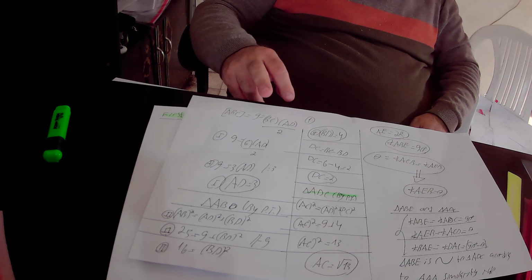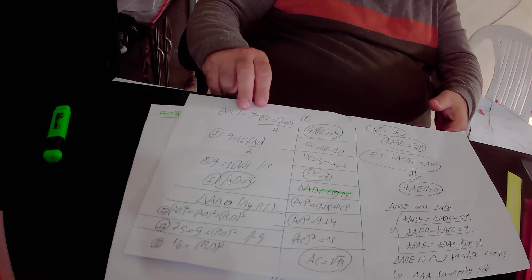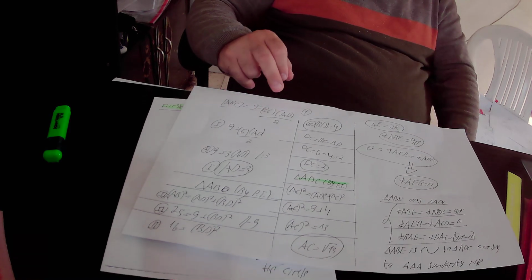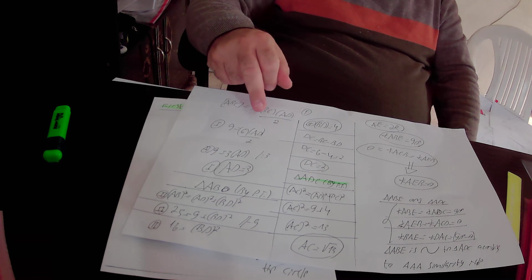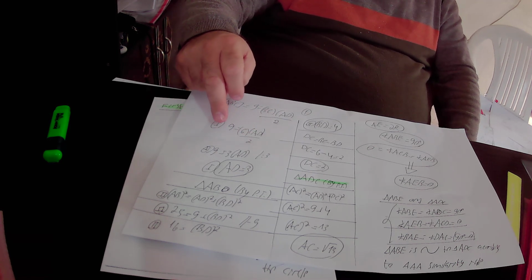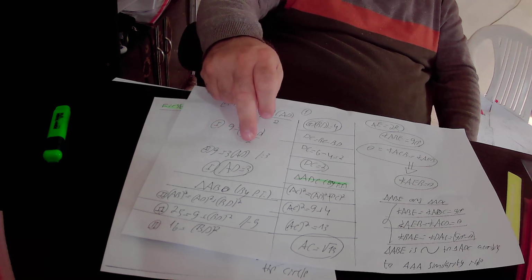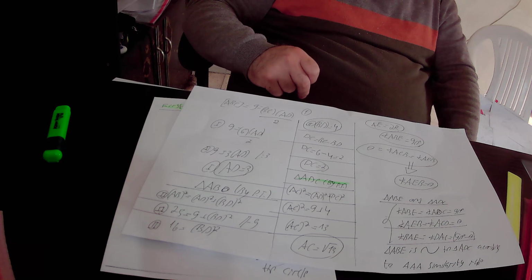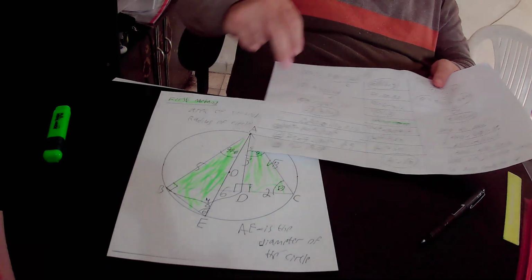So 9 equals 6 times AD over 2. 6 over 2 is 3, so 9 equals 3 AD. We divided equation number 1 by 3 and found out that AD equals 3 units.